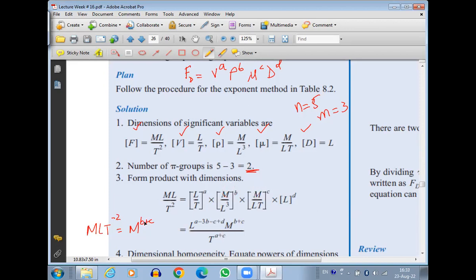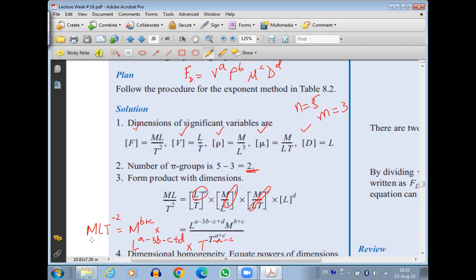Then multiplied by L, where for L you'll have L^(a - 3b - c + d). Then multiplied by T, where for T it will be T^(-a - c).